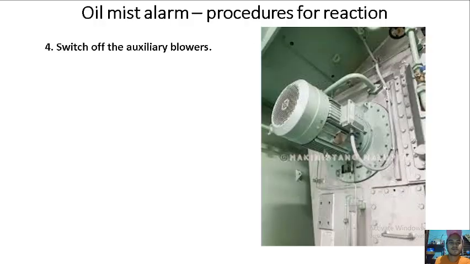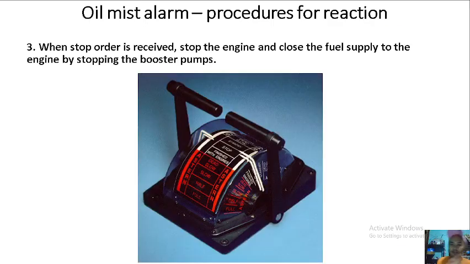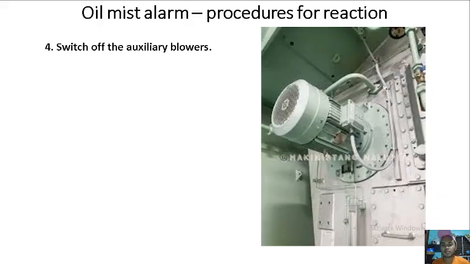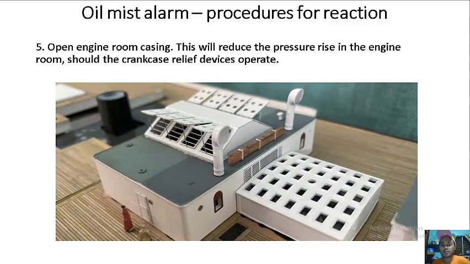Next is number 4, switch off the auxiliary blowers, to prevent crankcase explosion. First we turn off the fuel supply, next we turn off the air supply, the auxiliary blowers, and then if possible open the engine room casing. This will reduce the pressure rise in the engine room should the crankcase relief devices operate.